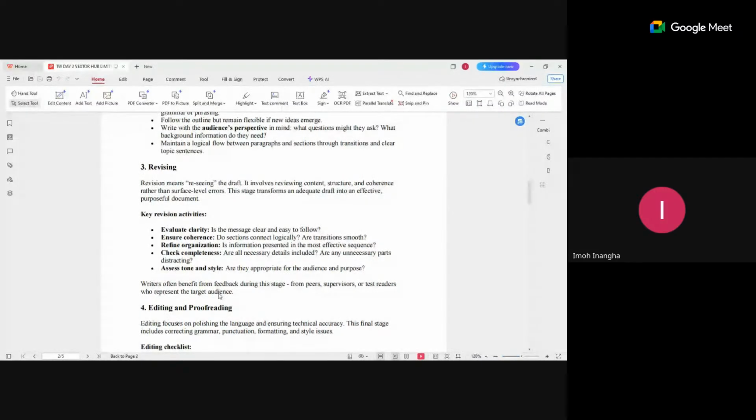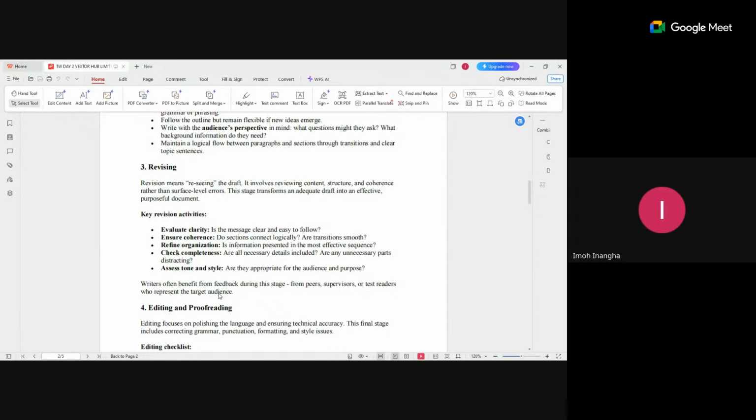So it must follow a step-by-step process to get the necessary information or data that you are looking for. It shouldn't be disorganized for any reason.